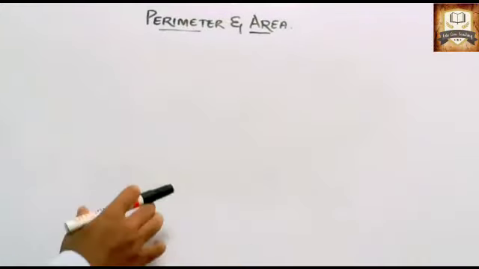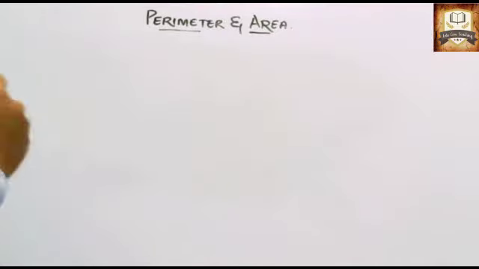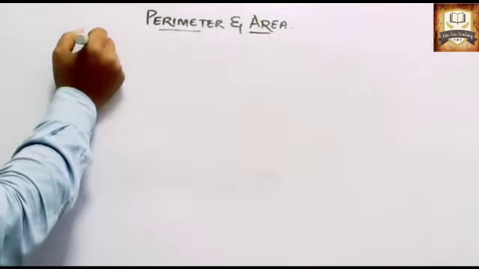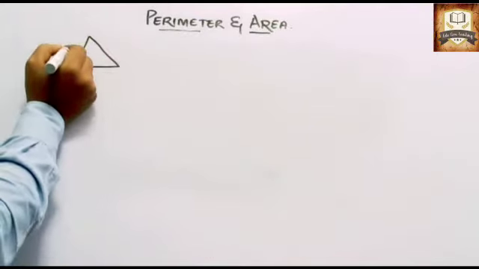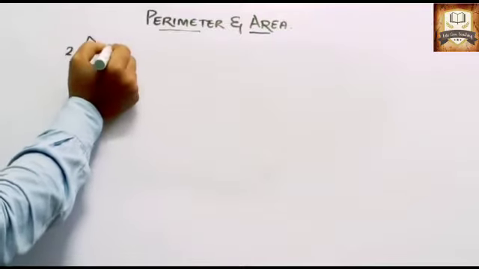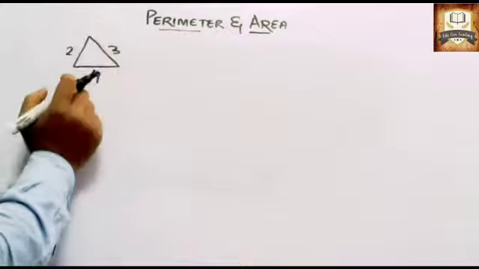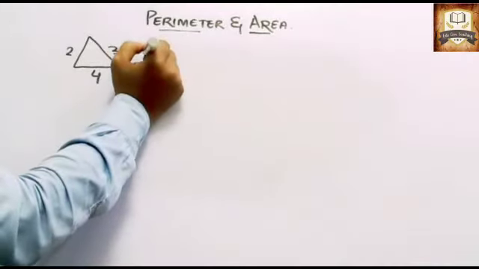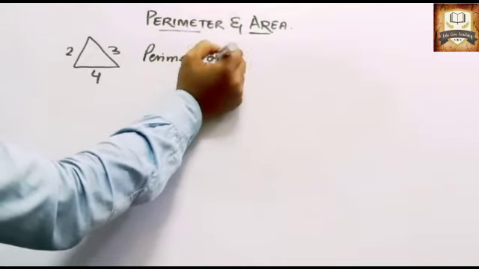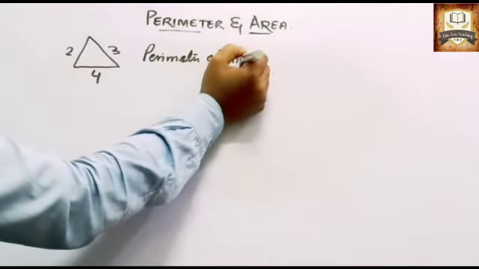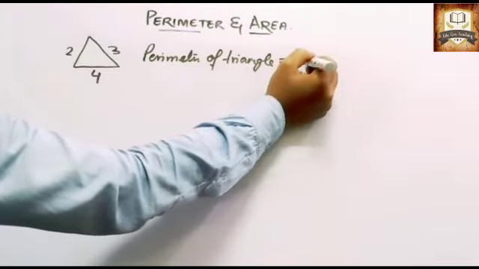Now I am going to explain how to apply that formula with a given question. Suppose one figure is given over here. This is a triangle with sides 2 cm, 3 cm and 4 cm. You have to find the perimeter. The formula I have given is perimeter of a triangle equals the sum of all the sides.